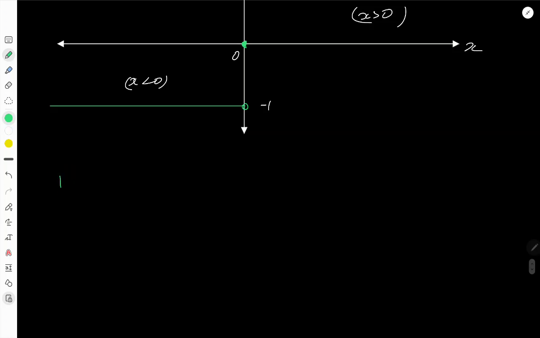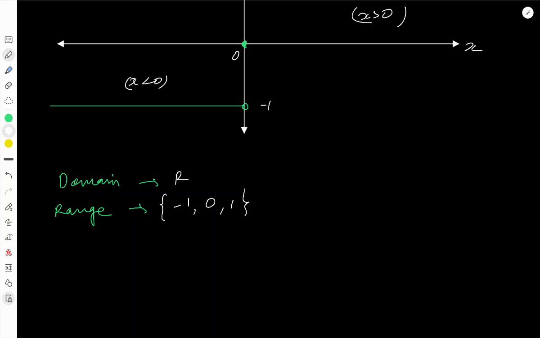So the domain is all real numbers, and the range is, this is how we write it as per set theory, {-1, 0, 1}. These are the only three numbers there.